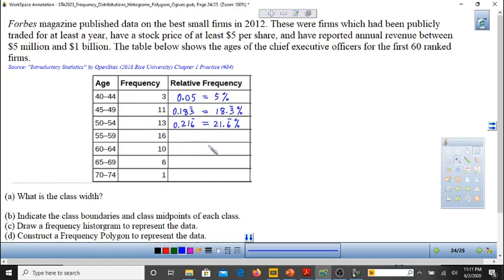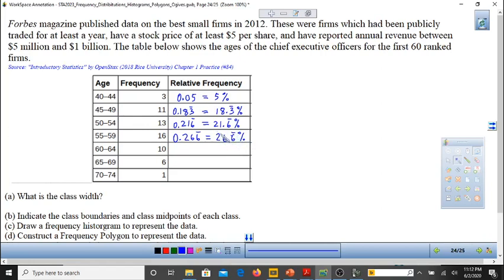And then 16 divided by 60 is 26.6 repeating percent, or 0.26666, which is 26.7% if you do 3 significant figures. I'm going to write it as a repeated decimal to keep the trend going.